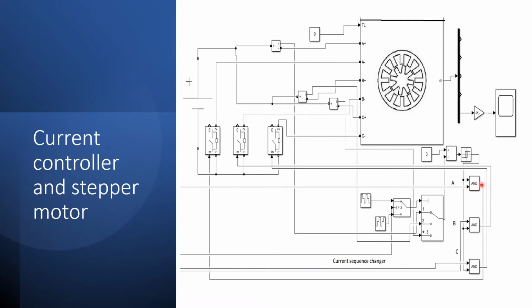So it produces 1 or 0 based on the reference current. If the current exceeds the reference limit, then this relay switch turns off. If it falls down to 3 ampere, then it automatically switches on. Based on that, it will produce the logic output 1 and 0, turn on and turn off the switch and excite the coils A, B, C.